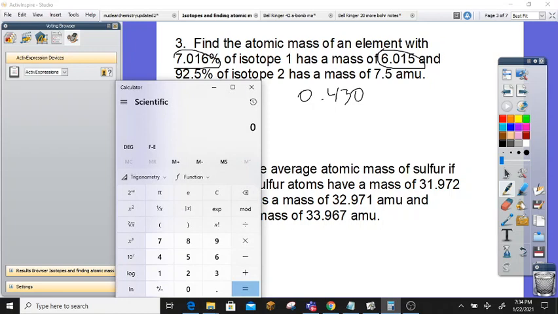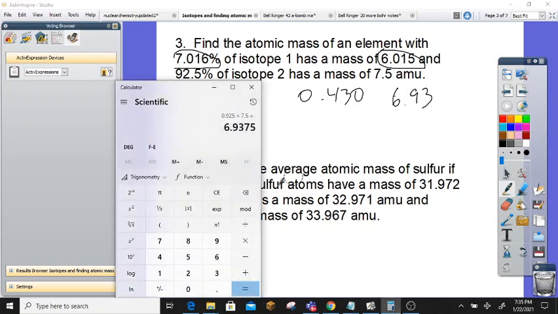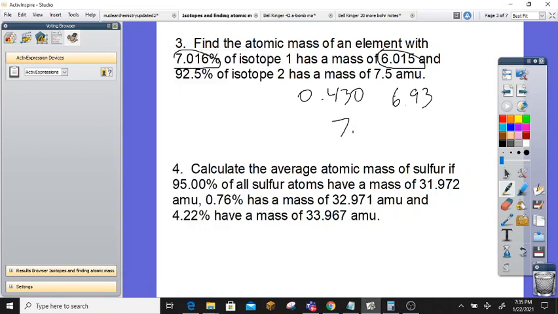Then 0.925 times 7.5, 6.93. And we add this up, plus 7.3.